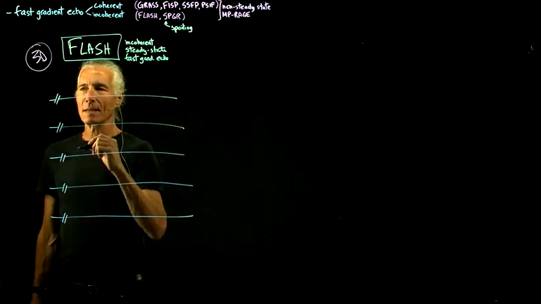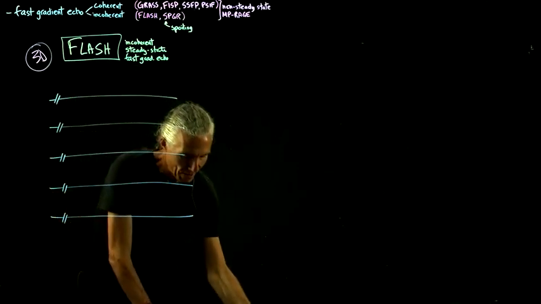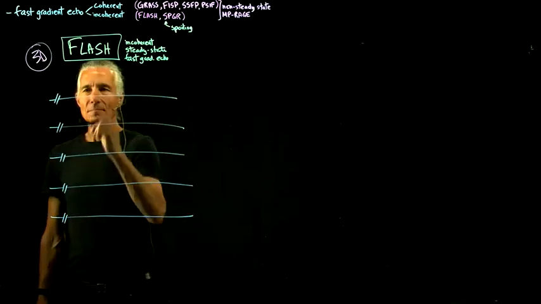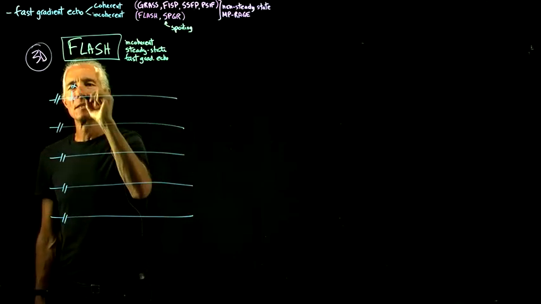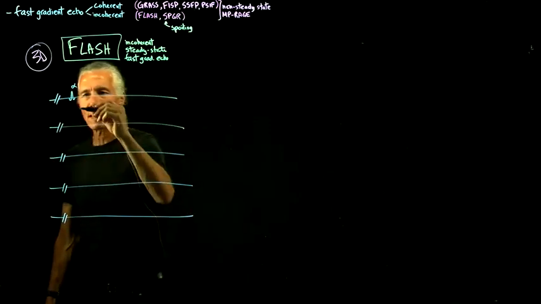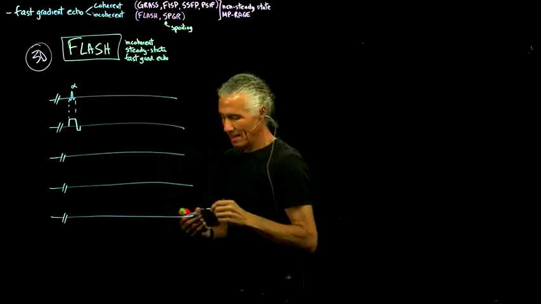And in this case, we are assuming that we've gotten rid of all the magnetization, and so when we pick out a slice, all we have to do is a half a rephaser after it.